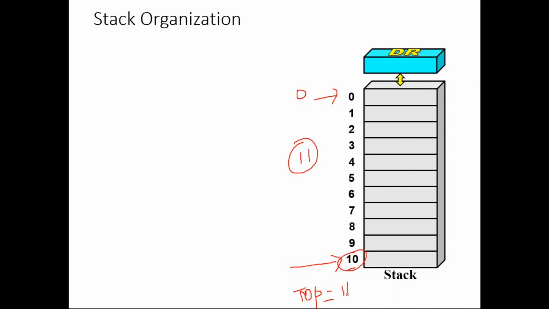And normally for insertion we increment top, but here we do the reverse. Before pushing you have to decrement the top, because we want to push at 10, 9, and so on. Fine, let us see the logic for pushing.